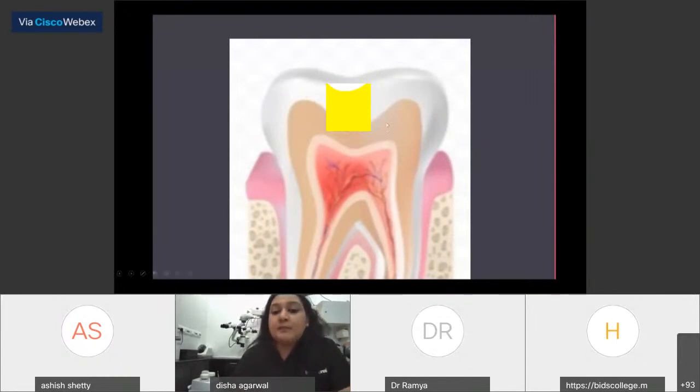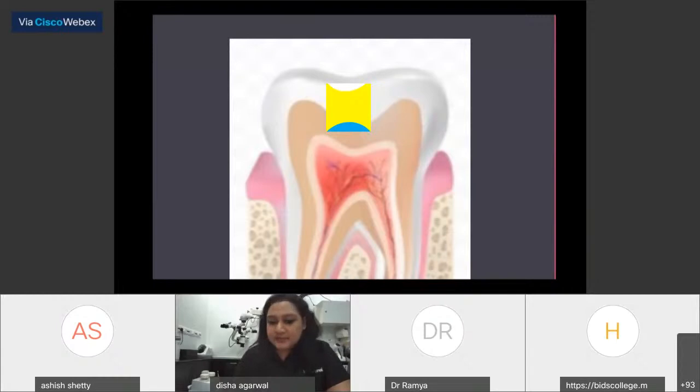But my composite shrunk away and moved towards the enamel. So my restoration is staying in the patient's mouth. It's not dislodging because there's a bond to the enamel. But what is going to happen? A space will be created in the dentine at the bottom of your tooth prep, below your composite.